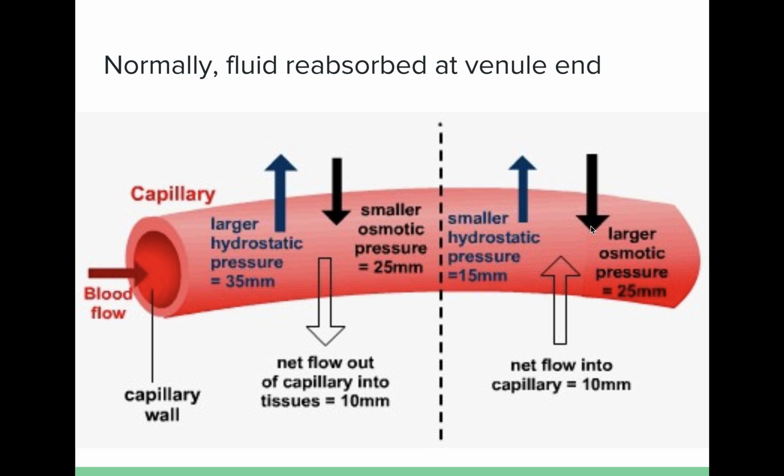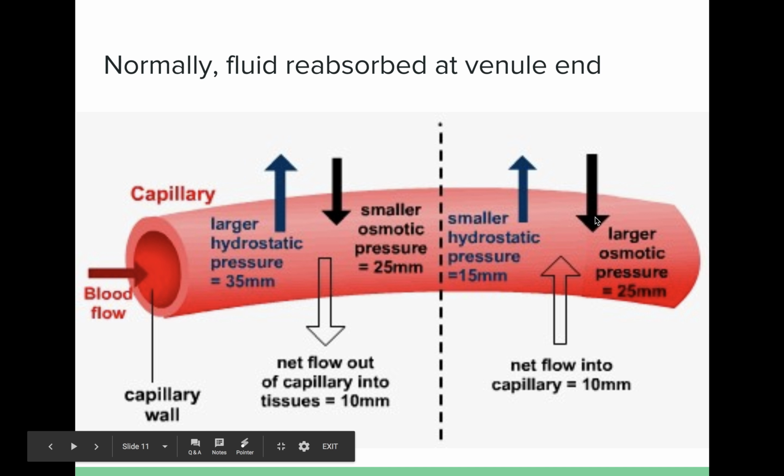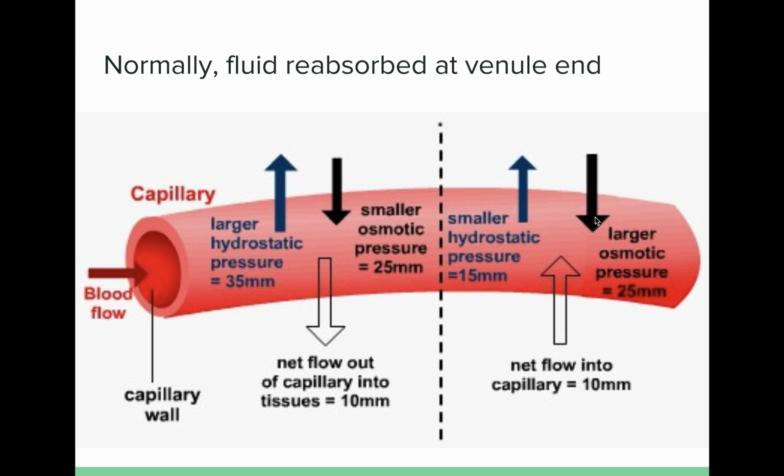And as a result, water is going to be drawn back into the capillary. And this is what should happen. We lose some fluid on this side, but then we gain it back on this side, and our tissues don't swell up. Okay, so this is normal. This picture right here is what's happening in you and me, in our lungs, hopefully, and in all our tissues, where our tissues are not swelling up.